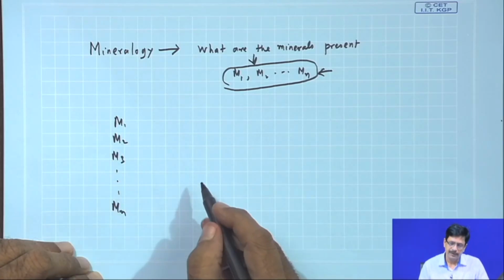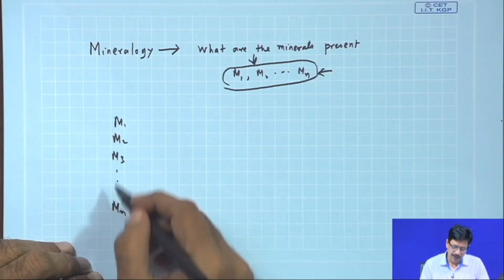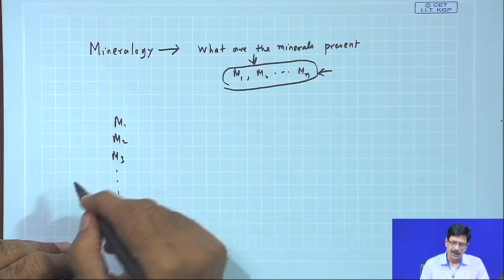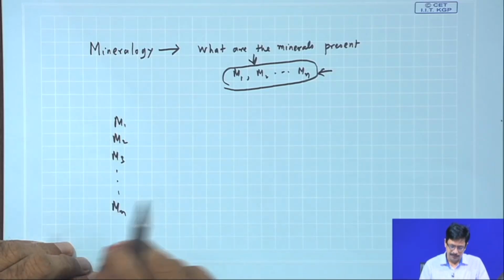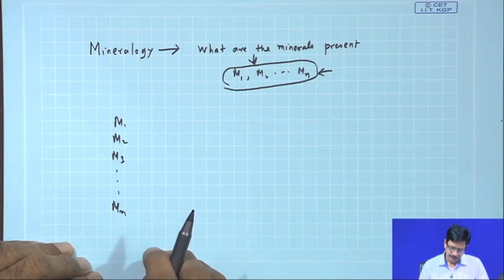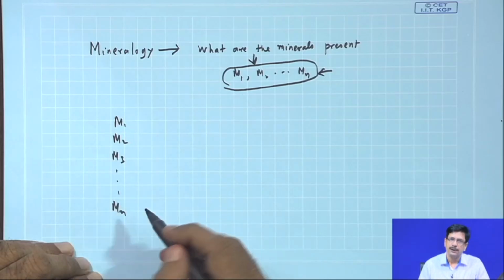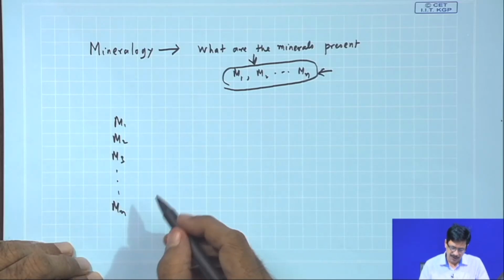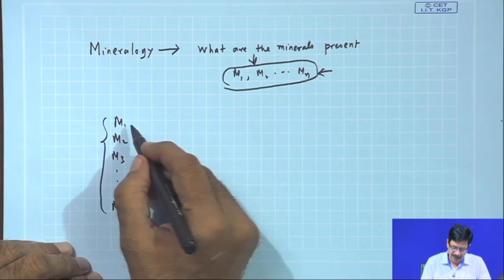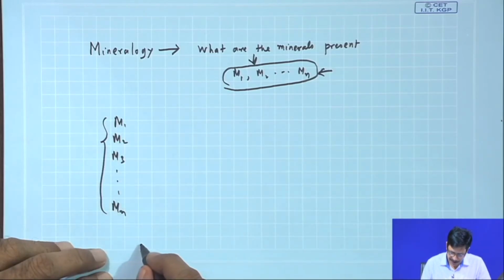What is required for us to understand is whether, how and when these minerals formed, whether they formed as mineral assemblages at different points of time, and if so, whether it is possible to work them out. This is the first step we follow: to understand something called the paragenetic sequence.